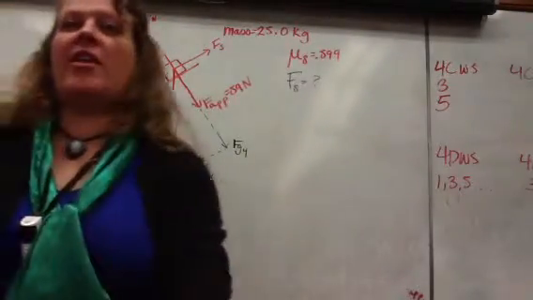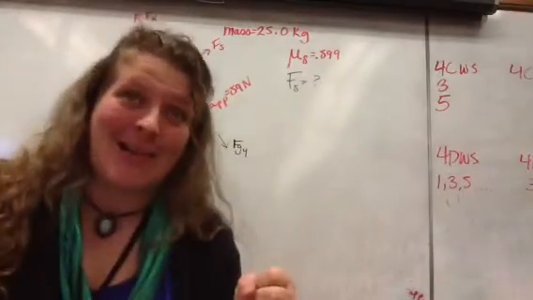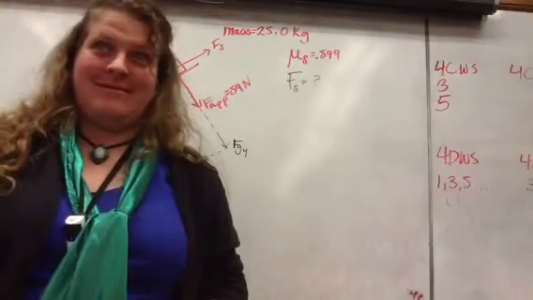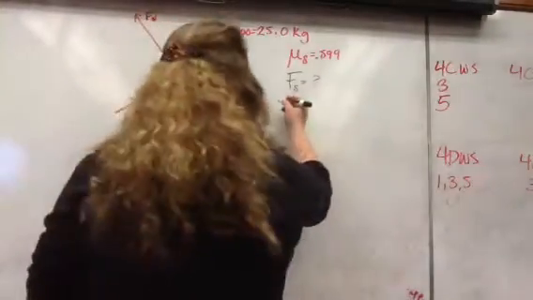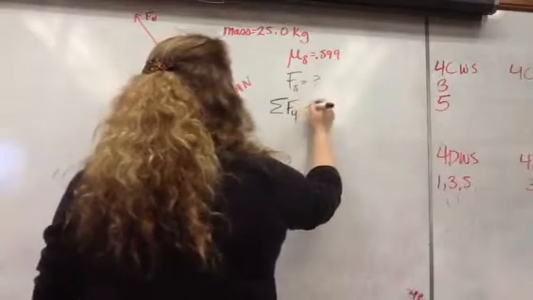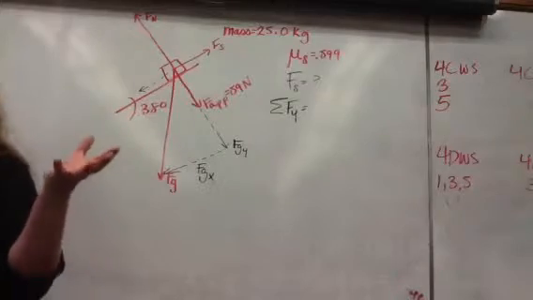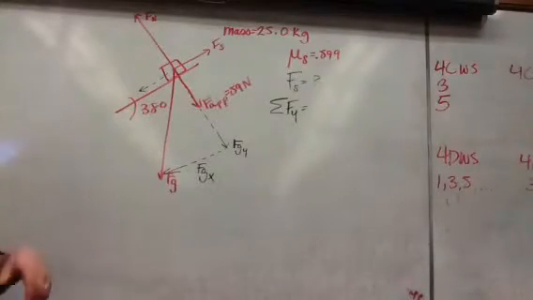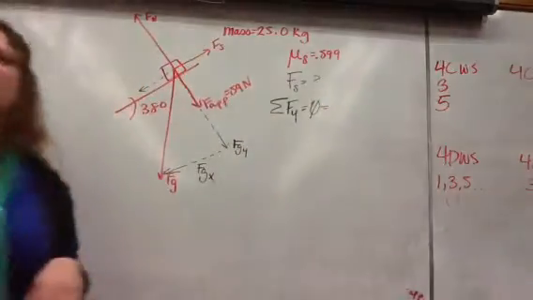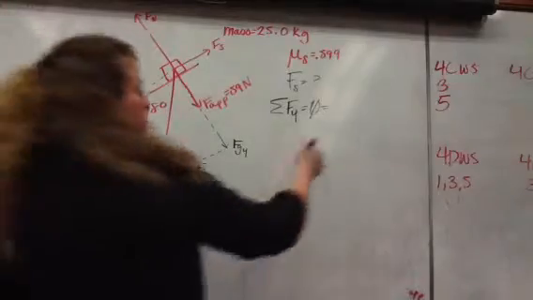Okay, so we start with the sum of forces. Sum of forces on the y. Is this package rising up off the surface or sinking down into the street? No. So sum of forces on the y equals 0. This is all of our forces up minus all of our forces down.